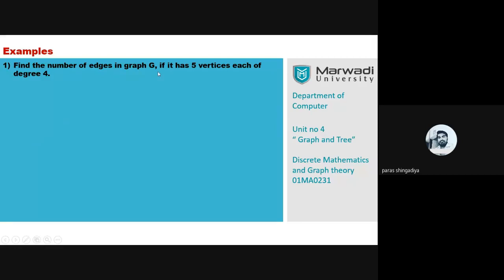Find the number of edges in the graph G if it has 5 vertices each of degree 4. Okay, so the answer is 10. It is an easy one. Find the number of edges in the graph G if it has 5 vertices each of degree 4. Okay, the graph has 5 vertices. There are 5 vertices in this graph and each has degree 4.